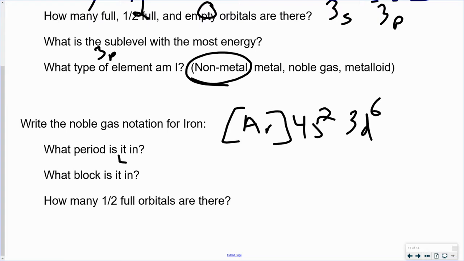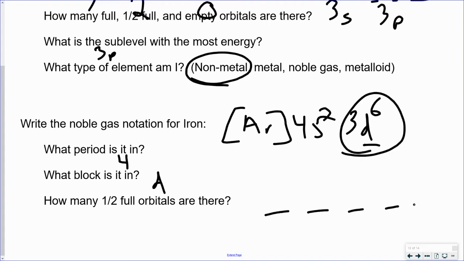Well, that's in the 4th period. That's what row it's in. What block is it in? That's the D block. And how many half-filled orbitals? Well, the half-filled orbitals would have to come from the D block. So if we just draw out 3D, it's got 6. So it must have 4 half-filled orbitals.